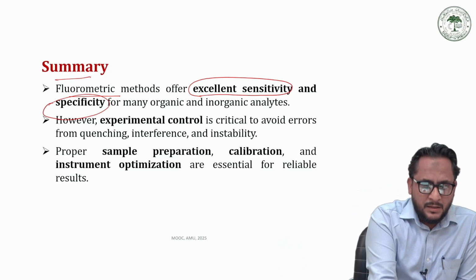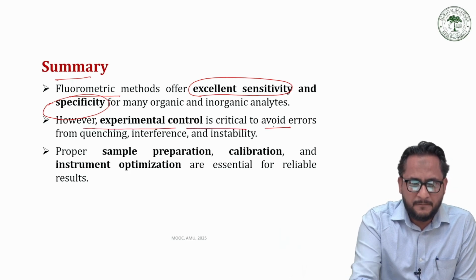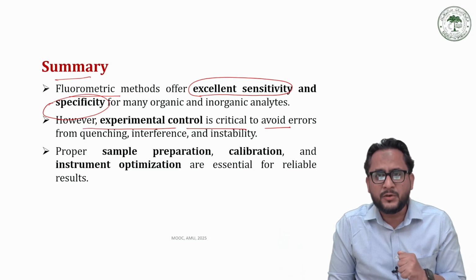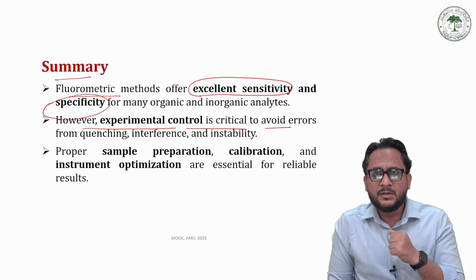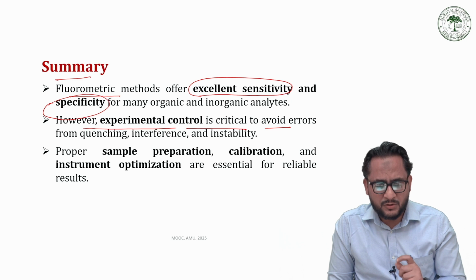However, experimental control for these methods is critical, because we have some interference in the form of impurities, molecular collisions, or sensitivity to temperature and pH effects, or maybe the solvent viscosity.